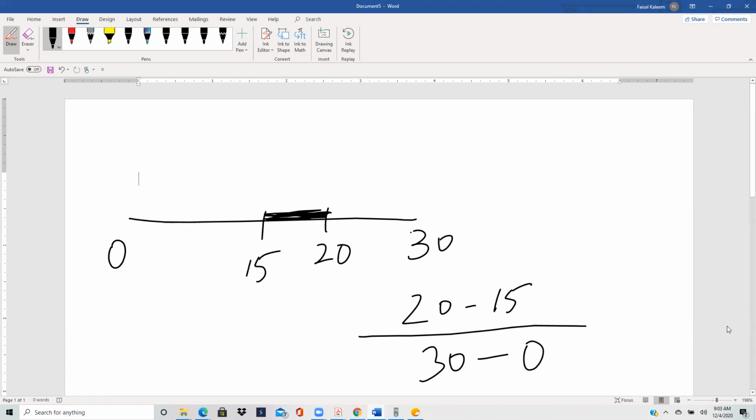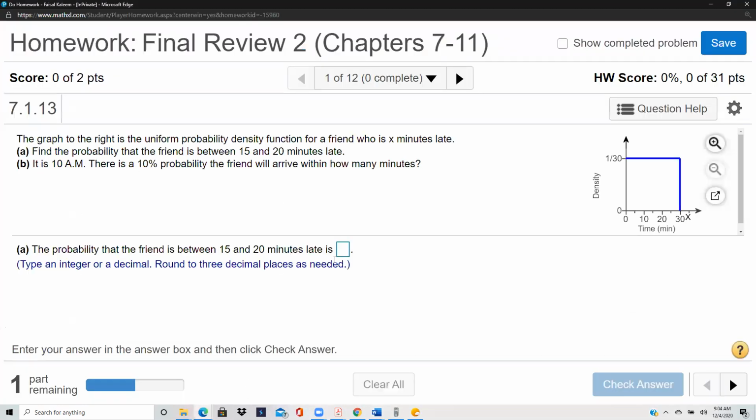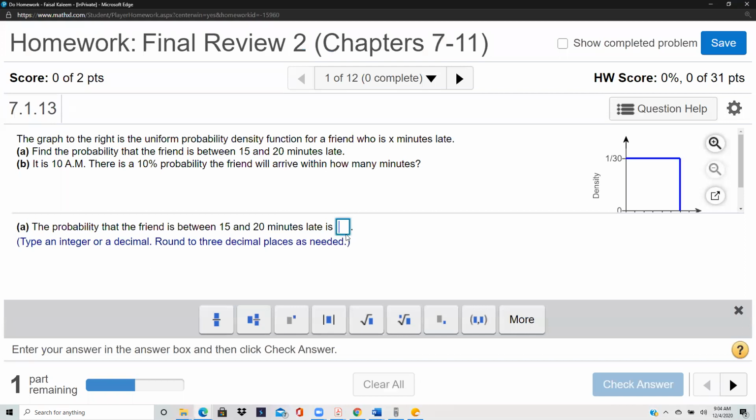So, what do we get for this? 5 divided by 30. And I think they want decimal. 0.167.